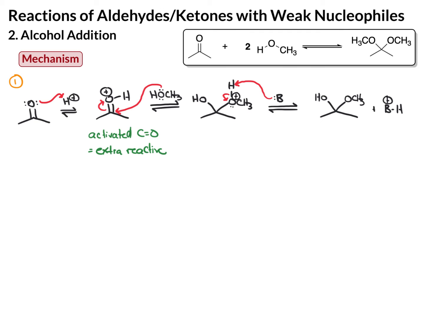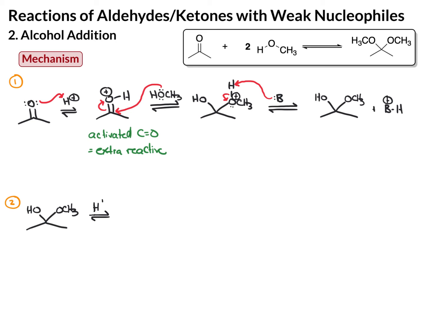Now step 2: we need to convert the hemiacetal to the acetal. So let's redraw our hemiacetal. What we're basically doing is trying to get rid of the OH and add the methanol. If we want to make OH a leaving group, we want to protonate it. So that's going to be my first step.